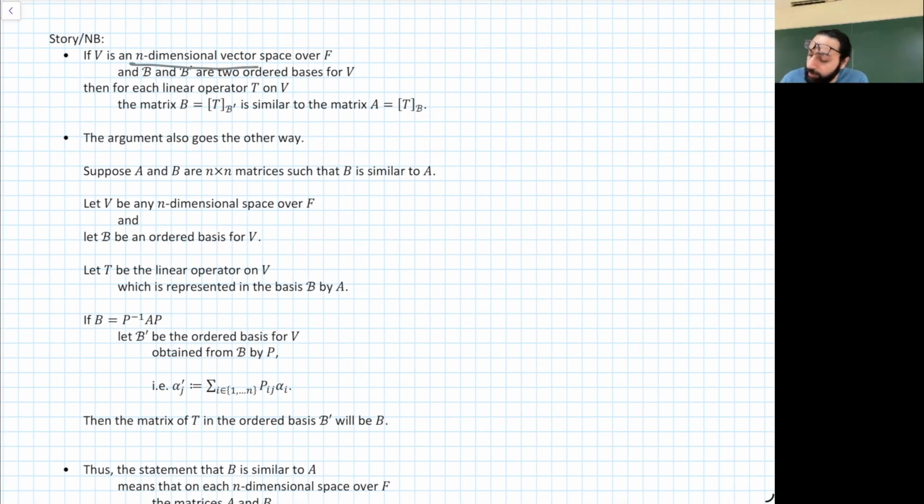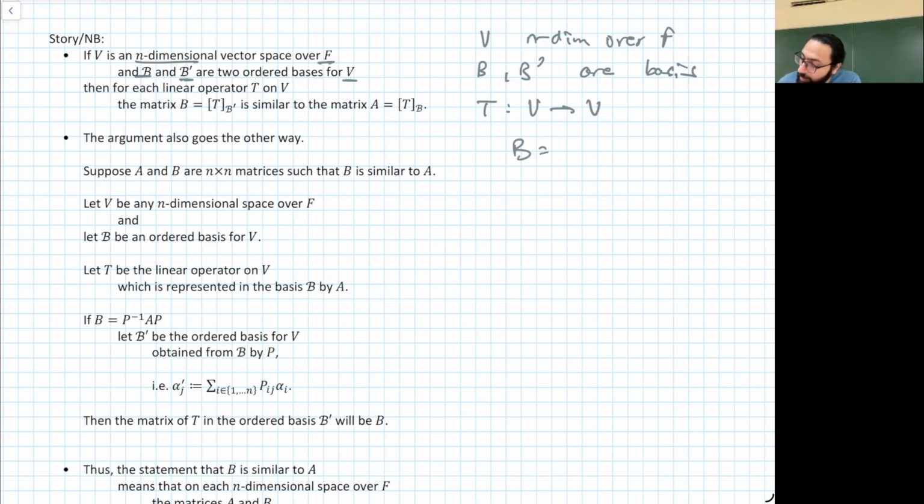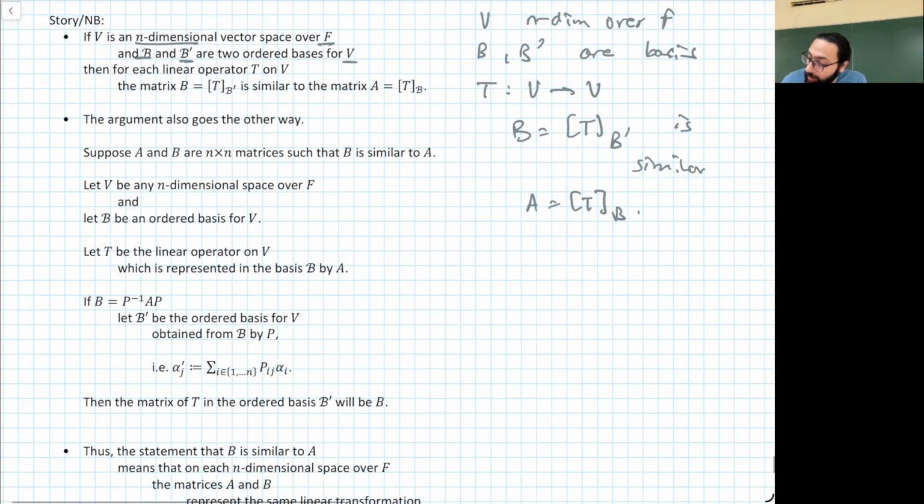If V is an n-dimensional vector space over the field F, and B and B prime are two ordered bases for V, then for each operator T on V, the matrix of T in B prime is similar to the matrix of T in B. So this much we already saw.